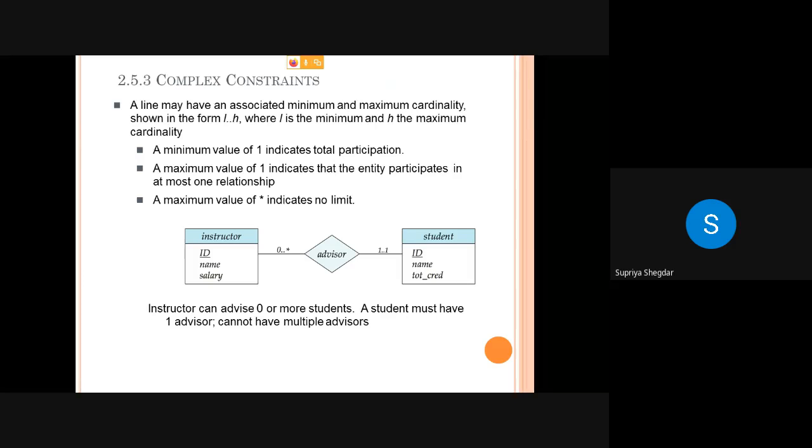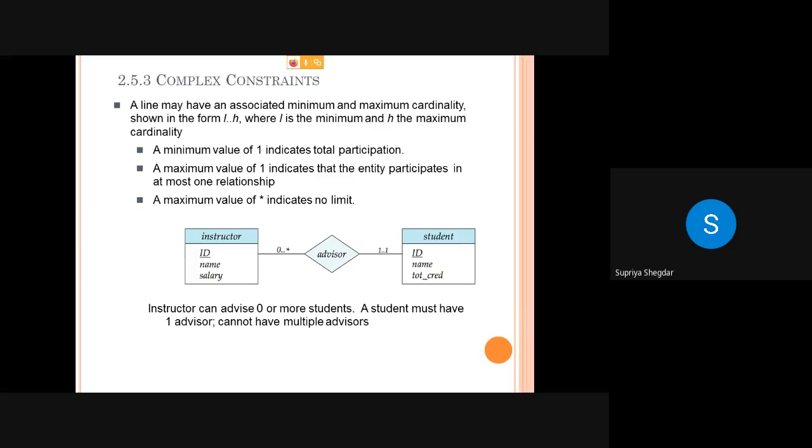Now, the next representation is the complex constraints. The complex constraints are represented with the help of some numbers, L and H. L is the minimum and H is the maximum cardinality.